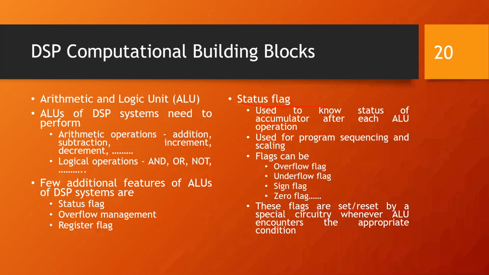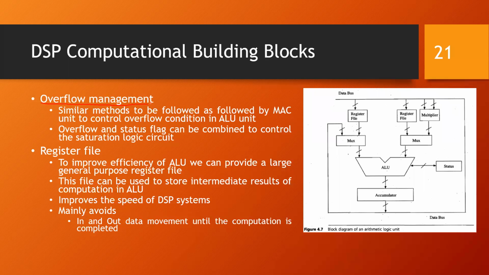Now coming down to the overflow management, we discussed what all things have to be present. A similar kind of approach will be utilized in the ALU. In the MAC we have overflow and underflow management, right? The same way we'll be managing the ALU part. So these all together will help us to have some controlled aspect over the saturation logic.